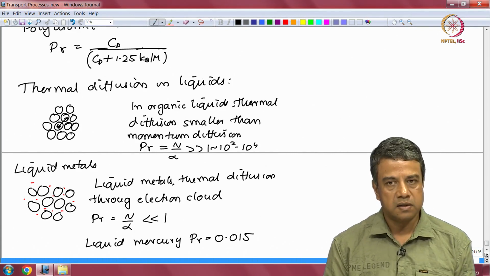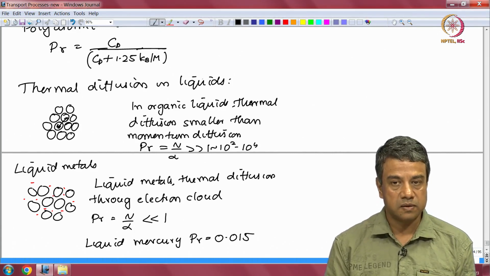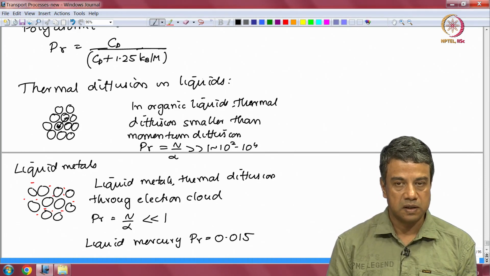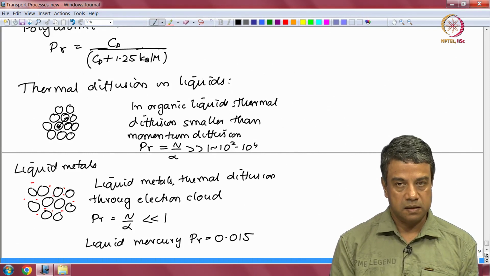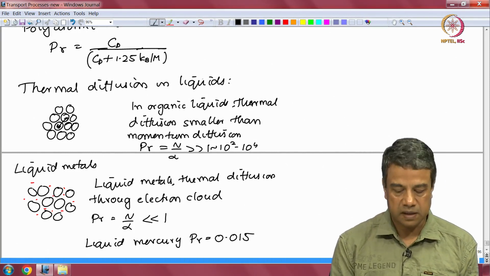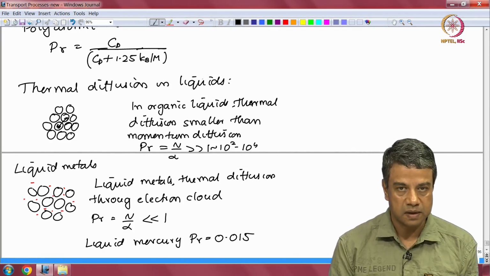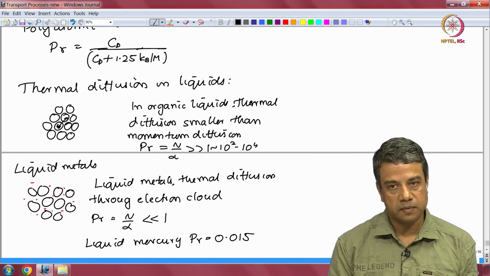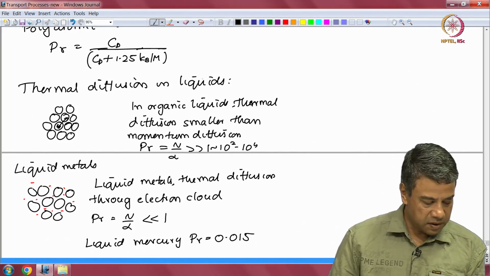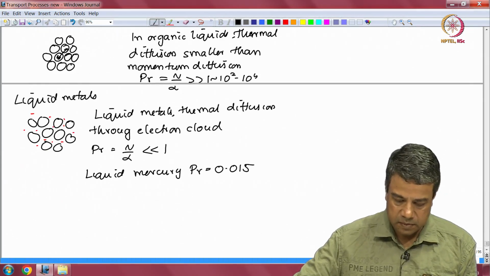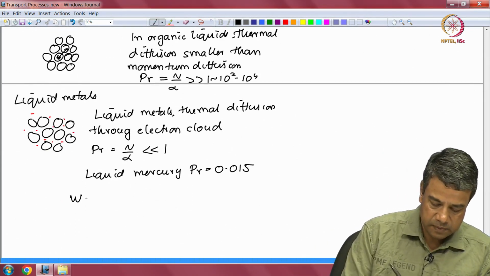So, you could have a range of Prandtl numbers, ratio of momentum to thermal diffusion. In the case of liquid metals, conduction is very fast, it is through the electron cloud, and therefore, the Prandtl number is very small. In the case of organic liquids, the Prandtl number is large, and for water, the Prandtl number is of order 1.